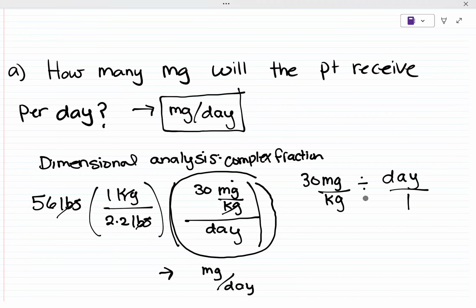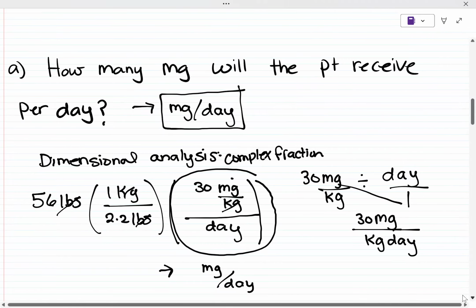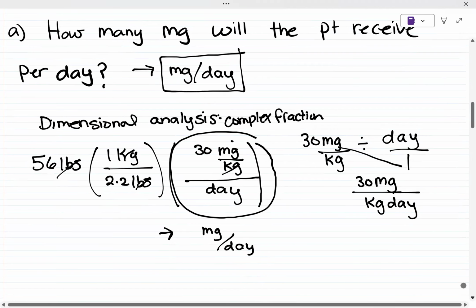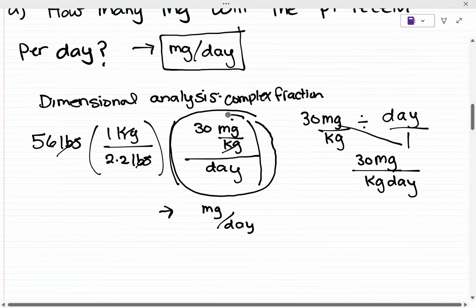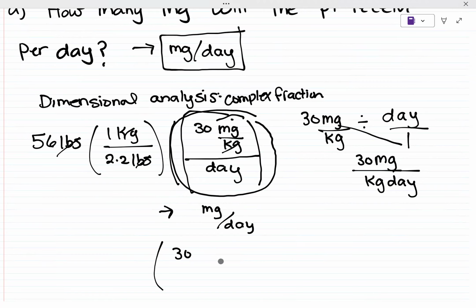But if you really want to simplify, this would be 30 mg, and this would be kilograms per day. I don't know if this confuses you more, but I'm going to show it to you. When you do this complex fraction, you're left with 30 mg on the top, and on the bottom, it's kilograms per day.